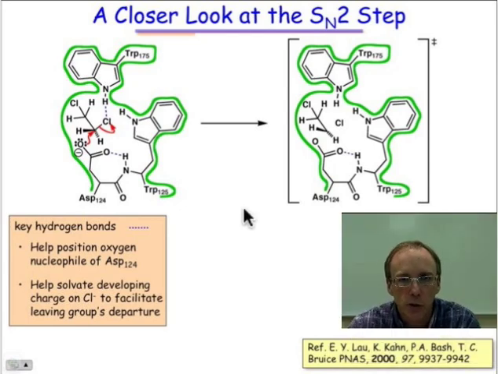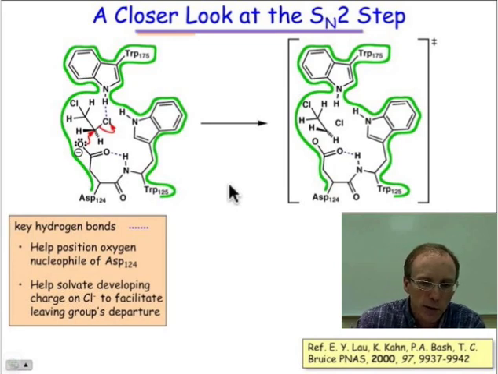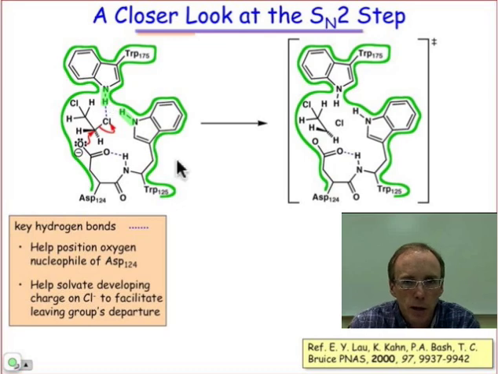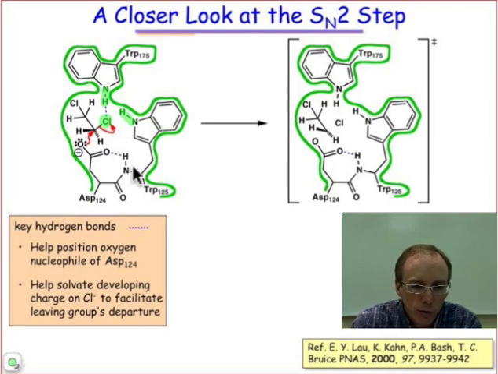Let's examine that SN2 reaction in closer detail. Basically, there are some other key residues. There are two tryptophan residues that are going to provide hydrogen bond donor groups to the chloride as it begins to undergo the SN2 reaction and develop negative charge. Also, this NH group of the peptide bond on the tryptophan next to this tryptophan is going to help position that oxygen, providing rigidity to position that oxygen directly into the sigma star orbital of that carbon-chlorine bond.